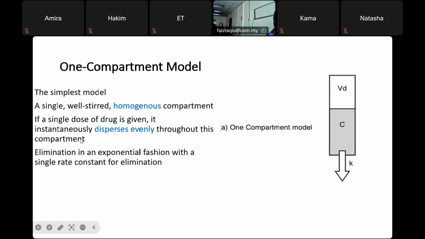The one compartment model is the simplest model, a single homogeneous compartment. If a single dose of drug is given, it is instantaneously dispersed evenly throughout this compartment, and elimination is in an exponential fashion with a single rate constant for elimination.